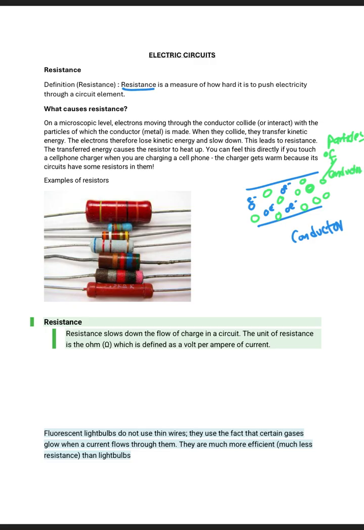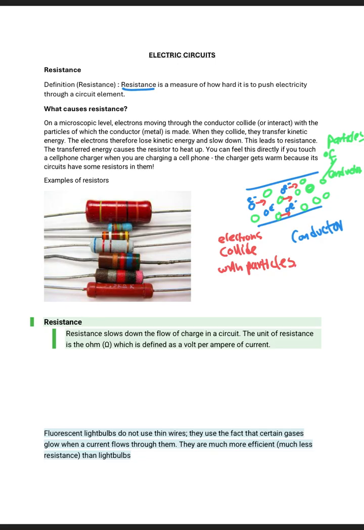So as the electrons are busy moving inside the conductor, they experience collisions. They collide with the particles, right?